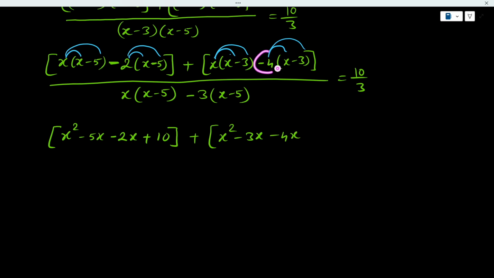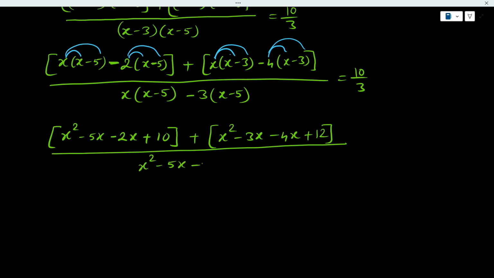Same thing here, minus 4 times minus 3 is going to be plus 12, right? So plus 12, and the denominator is x square minus 5x minus 3x plus 15, which is equal to 10/3.